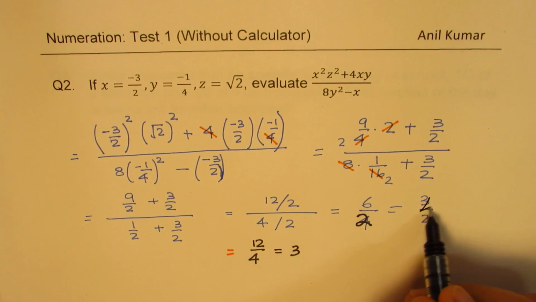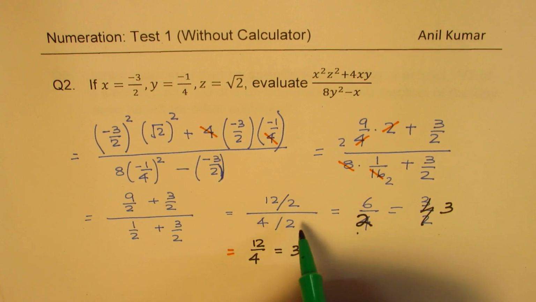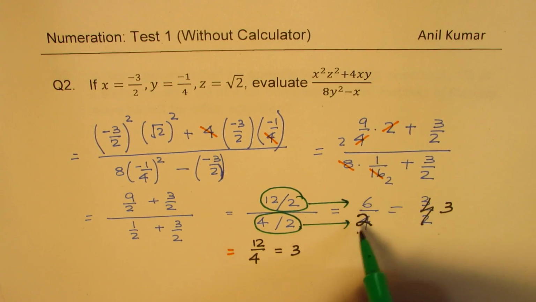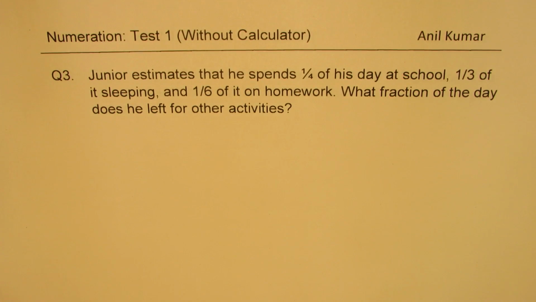So I get 6 over 2, which should be 3. Do you see that? So I made a mistake, and we have corrected this. So here, 4 over 2 is 2, right? And 12 over 2 is 6. 6 divided by 2 is 3. So that is how we are going to solve this. Let's move on and take question number 3.